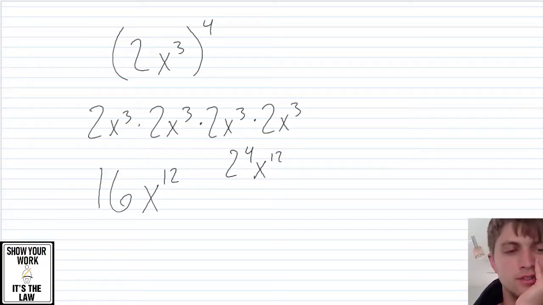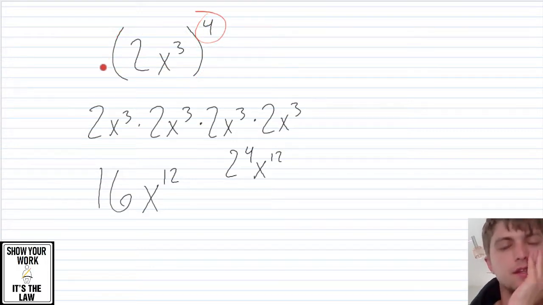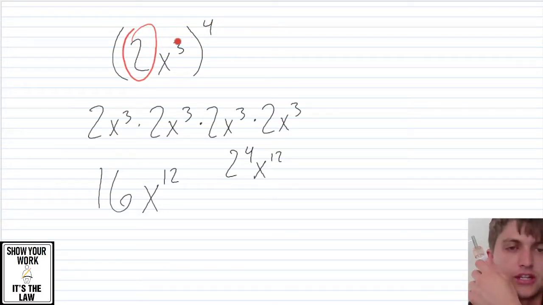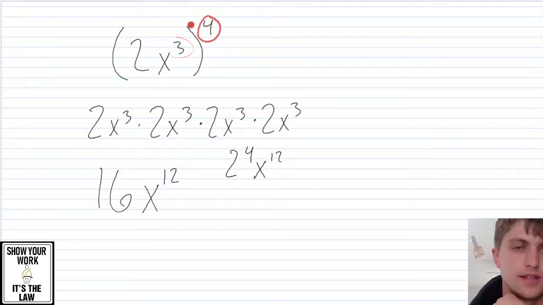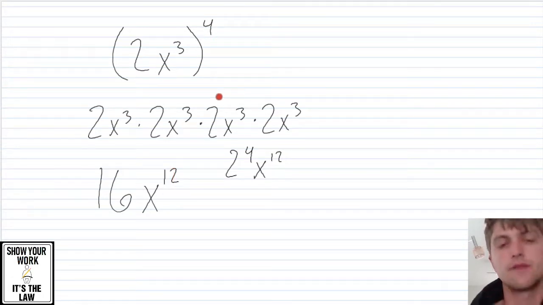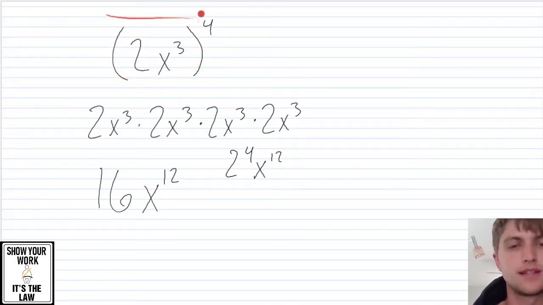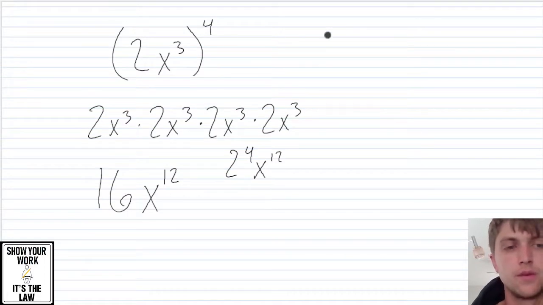So if you notice, when we have an exponent outside of something else, we don't add like we were previously. We multiply exponents is what I'm trying to say. See how the 3 and the 4 multiplied to get 12? That's just a shortcut, but if you aren't comfortable with that, always just break it down. The base multiplied by itself this many times, just like what we did right here.